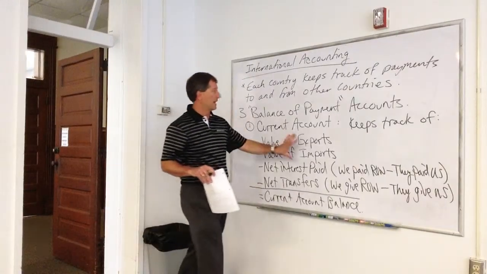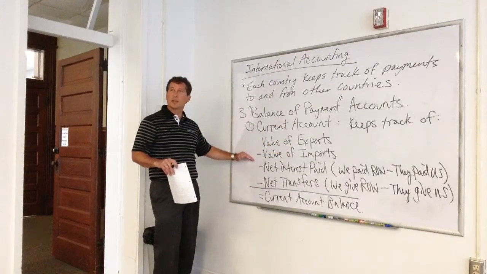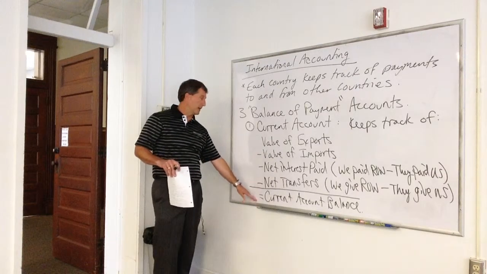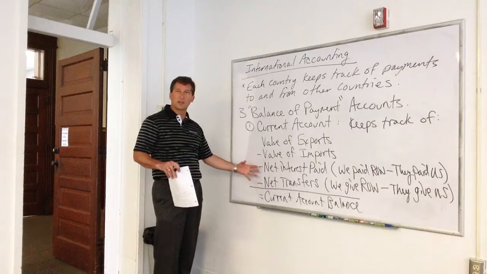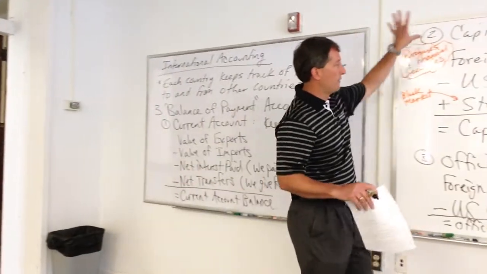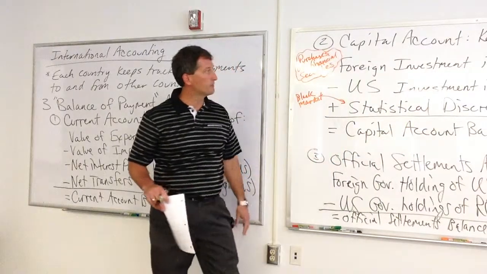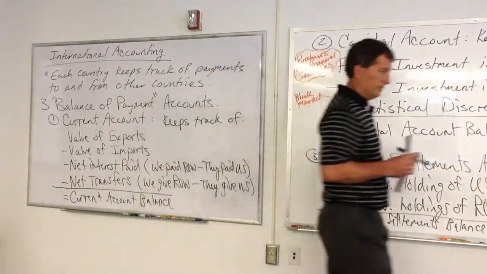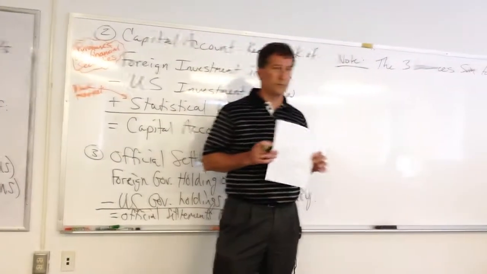For the most part, it's these two again, exports minus imports. That's what drives this negative balance. These play a role, but they're relatively small. And how does that fit in here? Foreigners are using the trade surplus that they have in the United States to invest back into the United States.